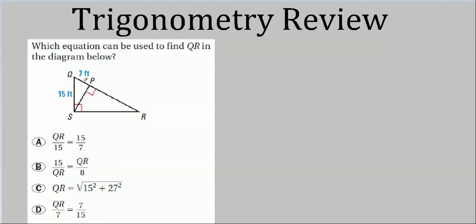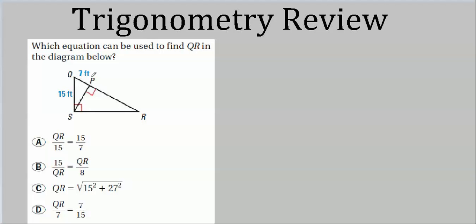Now, one of the relationships we have is that, say, PR over PS is the same as PS over PQ. But that's not going to help us much because we don't have PR or PS. What else do we have? Well, we do have that QR over QS should be the same as QS over QP.